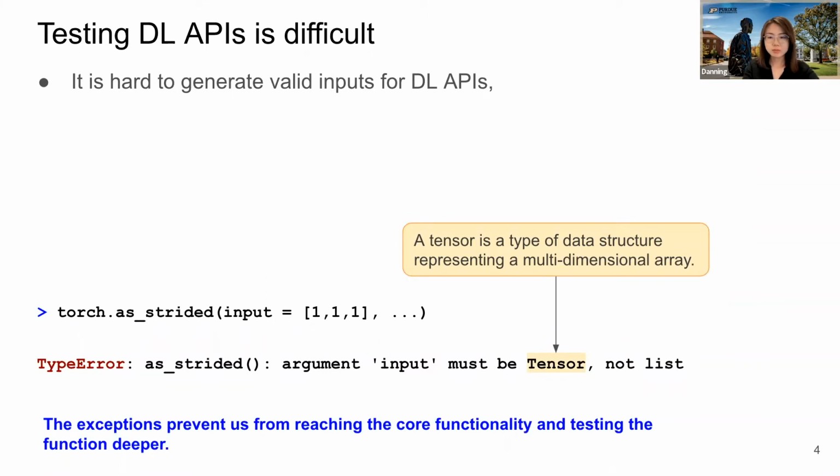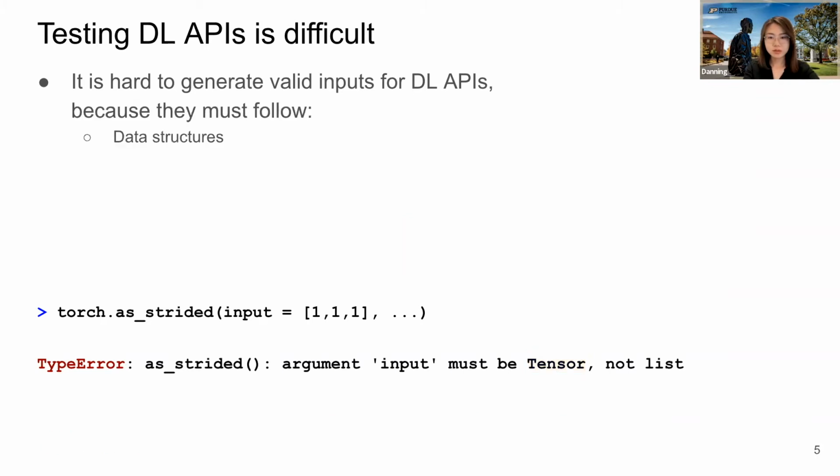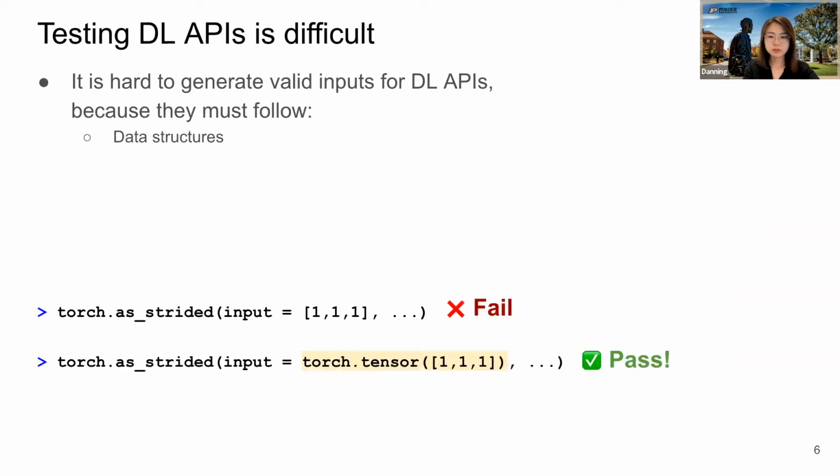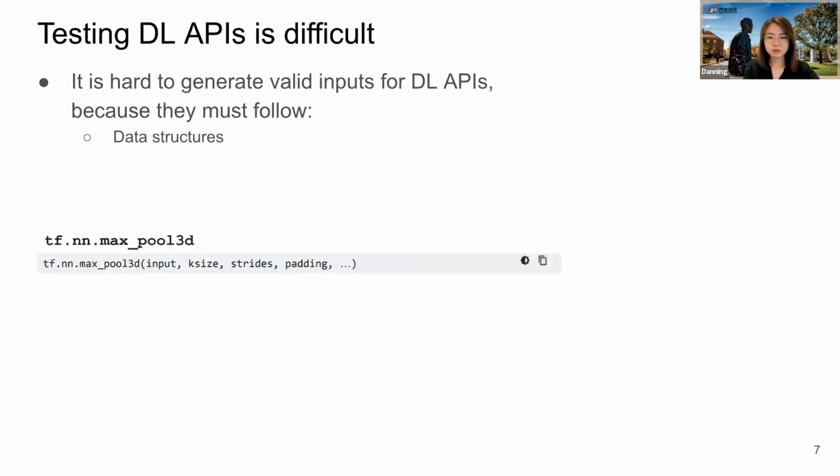The exceptions prevent us from reaching the core functionality and testing the function deeper. Therefore, to test core functionality of deep learning APIs, we need to generate valid inputs with the correct data structures. After generating inputs with tensor data structure, the function call can be executed with no error.